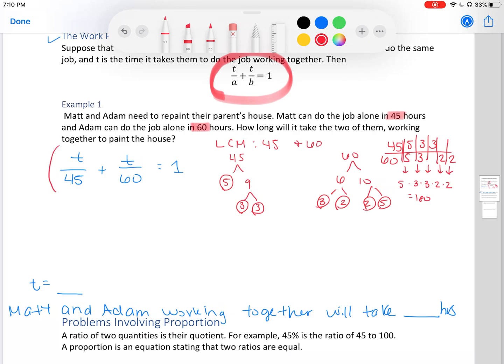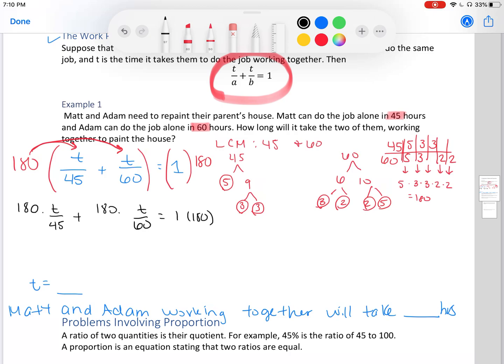So let's multiply both sides of our equation by 180. Let's distribute it to that first part. So we have 180 times T over 45 plus 180 times T over 60 equals 1 times 180.